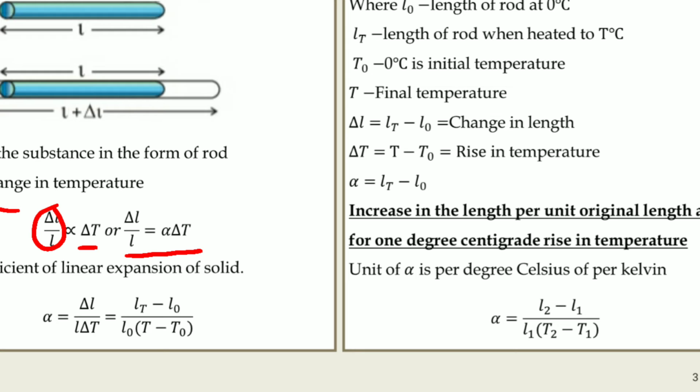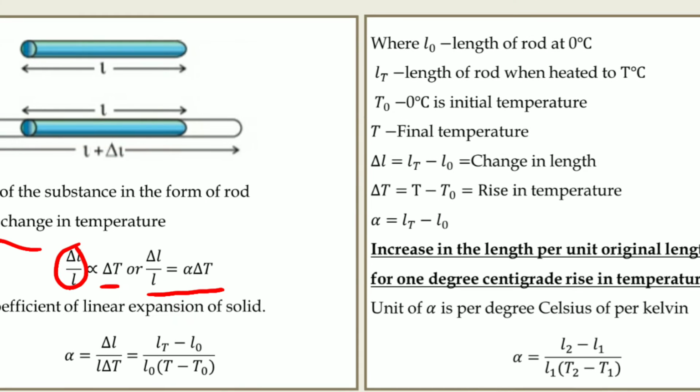So instead of delta L and delta T we can write here LT minus L0. L0 is the length of the rod at 0 degree Celsius, or you can say at lower temperatures, or the initial length of the rod.